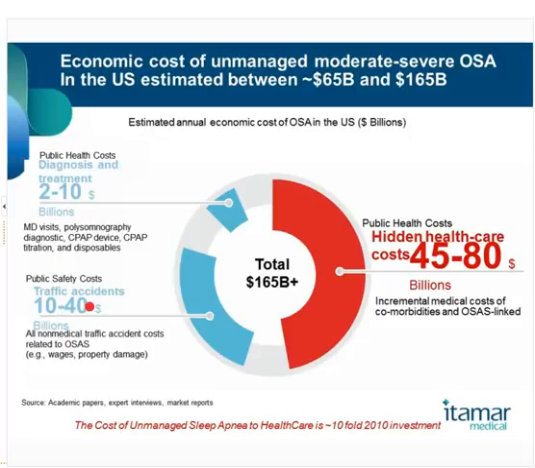You have public safety costs associated with traffic accidents, which occur at an increased rate, damages to property, lost wages and productivity. And if you add all this up, it's between $65 and $165 billion. So a really significant amount of money is lost in a variety of different ways through untreated sleep apnea.